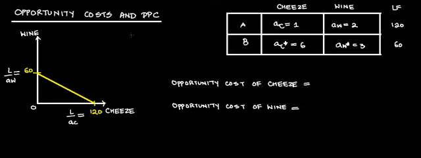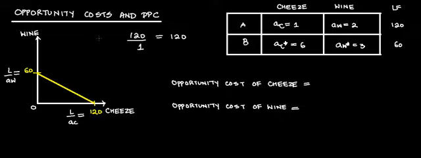Supposedly, if country A uses the entire labor in producing cheese, then it can produce the total amount of labor force upon the number of hours it takes to produce 1 pound of cheese. So it can produce 120 pounds of cheese.